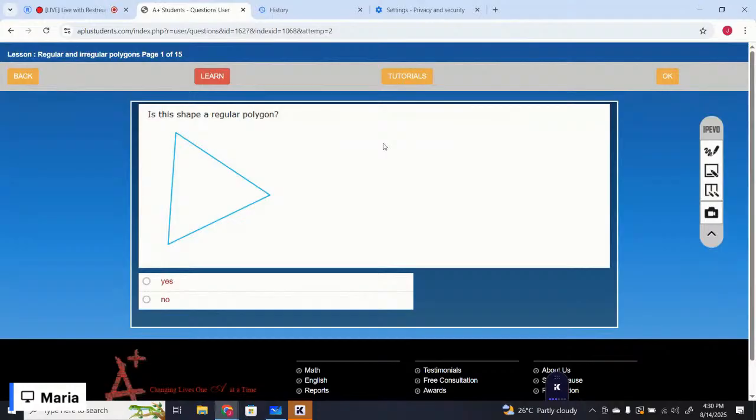Is this shape a regular polygon? Yes, it is a regular polygon. All the side lengths and all the angles are exactly equal. So that is a regular polygon.